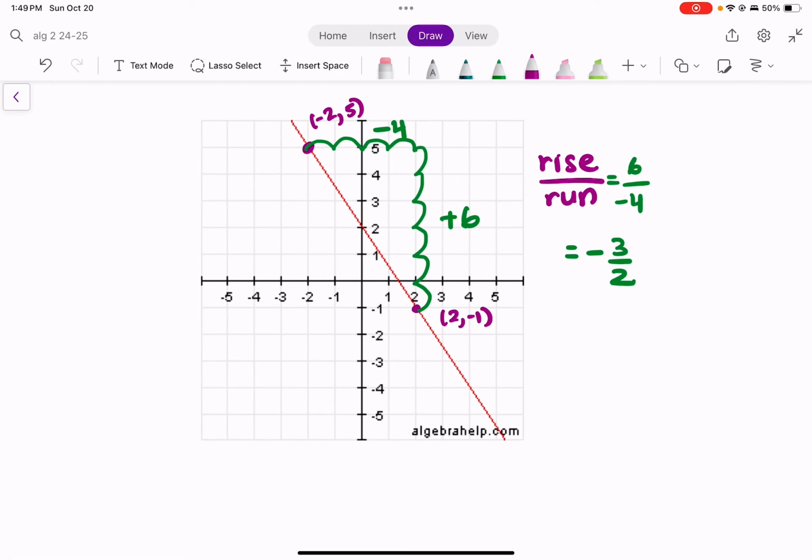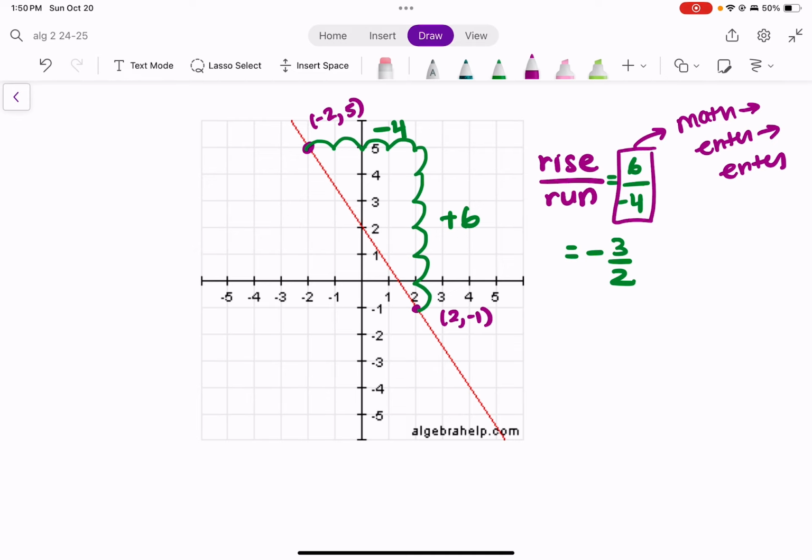Because both the top and the bottom can be divided by 2, or just put this in your calculator and hit math, enter, enter, and that will give you -3 over 2, okay? So that's how you find the slope when you're given points or if you're given a graph.